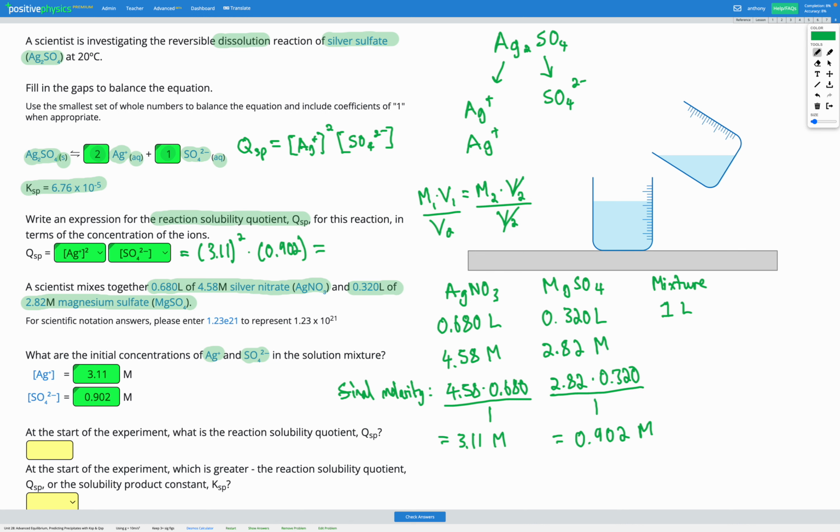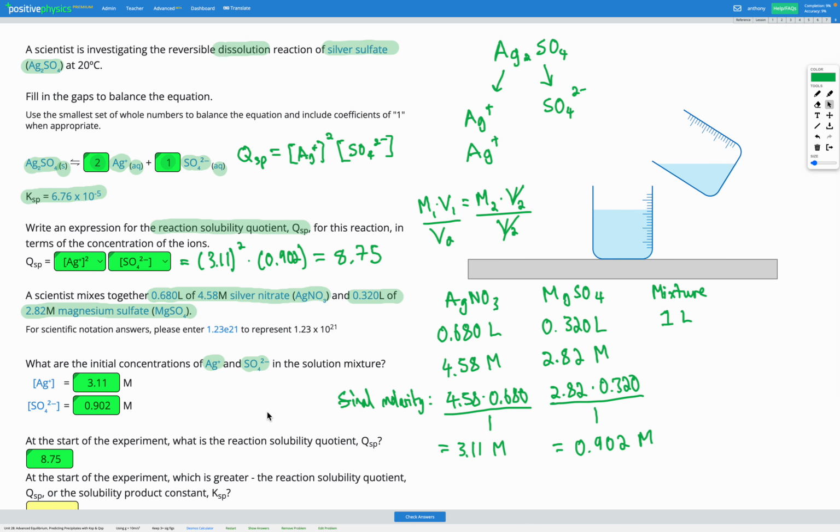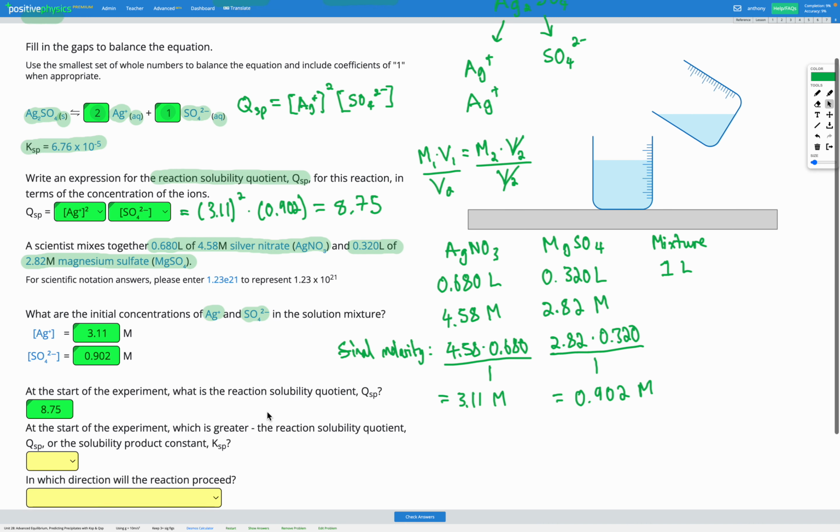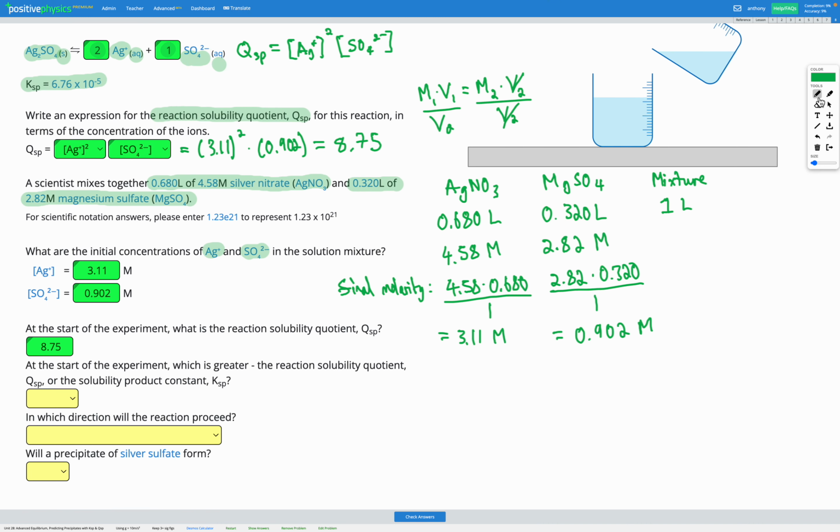If we put that into our calculator, we're going to get an answer of 8.75 for our reaction solubility quotient, QSP. So we now have our QSP value at the start of the experiment.